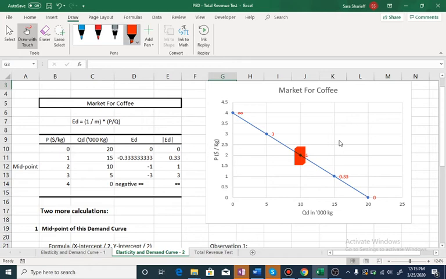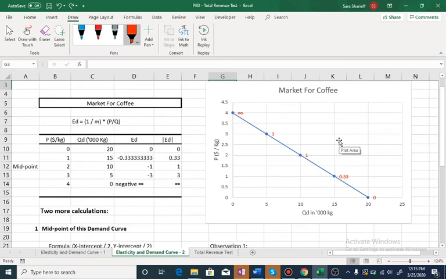If I give you any data set and ask you to calculate the price elasticity of demand at the midpoint of the demand curve, it will always be equal to 1. We can prove it mathematically, but I don't want to go into that detail, right? So at the midpoint, the absolute value of price elasticity of demand is always equal to 1.